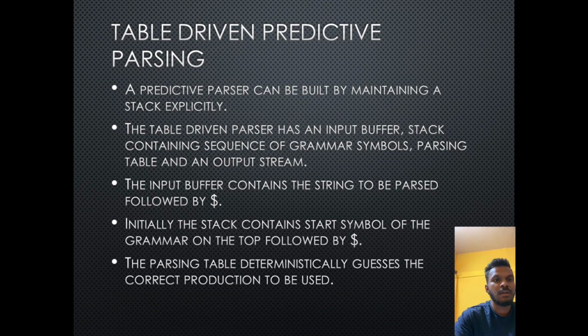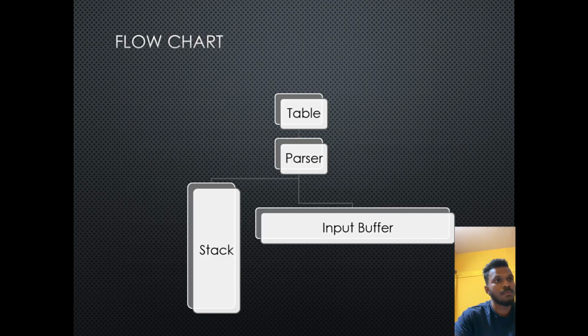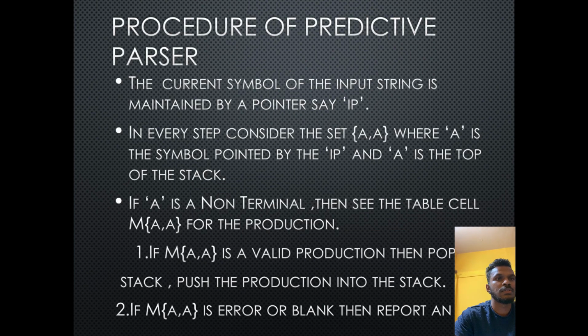The input buffer contains the string to be parsed, followed by $. Initially, the stack contains the start symbol of the grammar on top, followed by $. The predictive parsing table deterministically guesses the correct production to be used. In the flow chart, first comes the table, next the parser, after that the stack, and then the input buffer. That is the flow chart for the predictive parser.